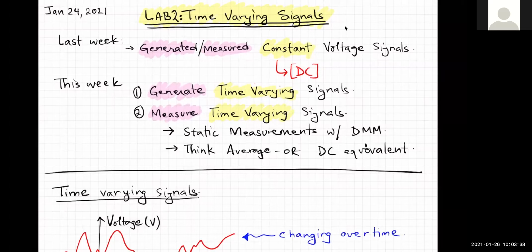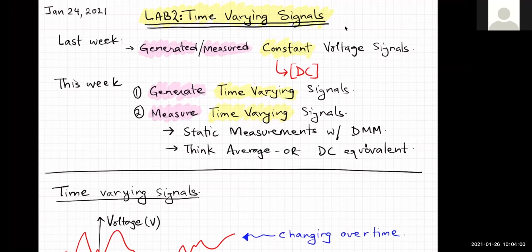Okay, so last week we talked about voltages and currents, but when you did the lab, you generated and measured constant voltage signals, so voltages that don't change over time, and these are called DC signals, short for direct current.